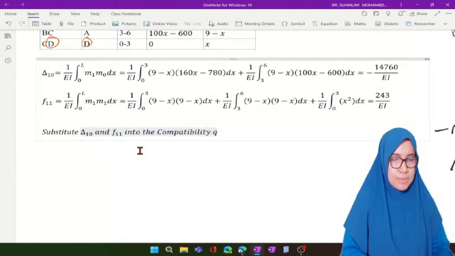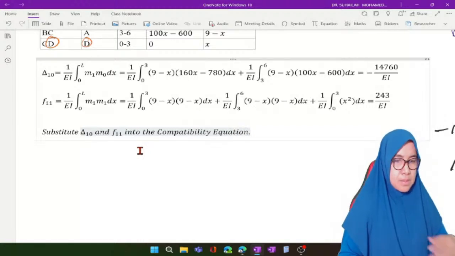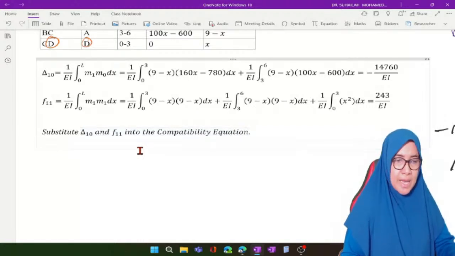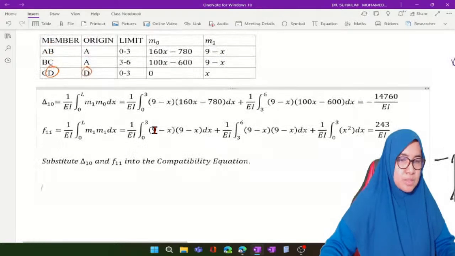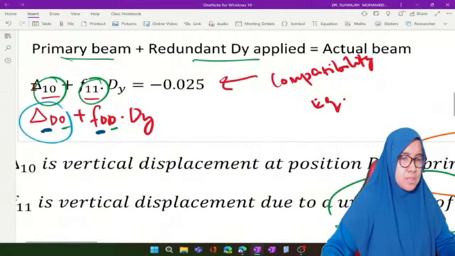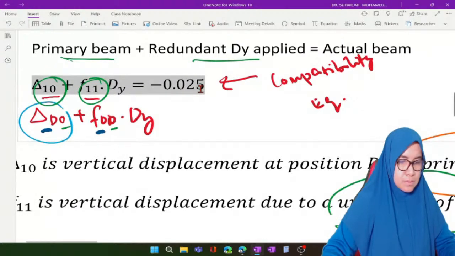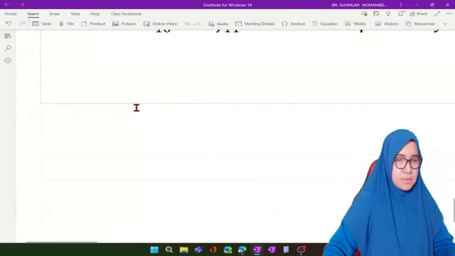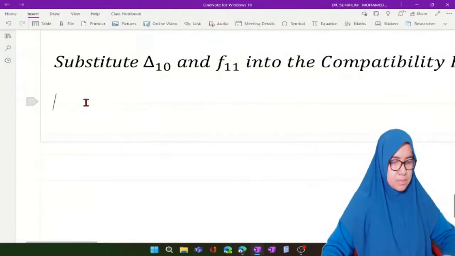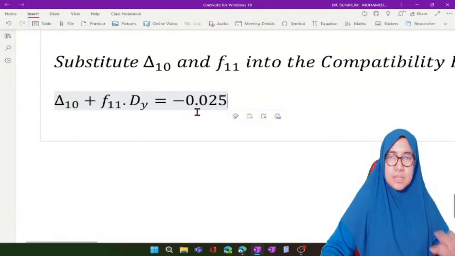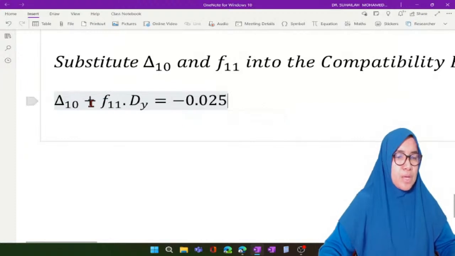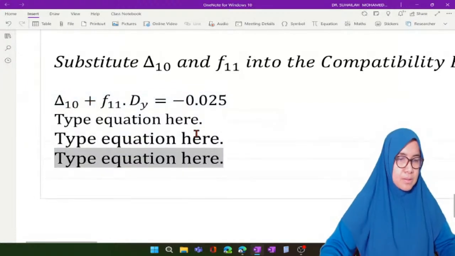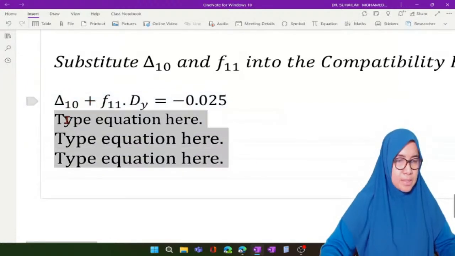So what should we get? I copy back the equation. This is the equation. Okay, now we replace.